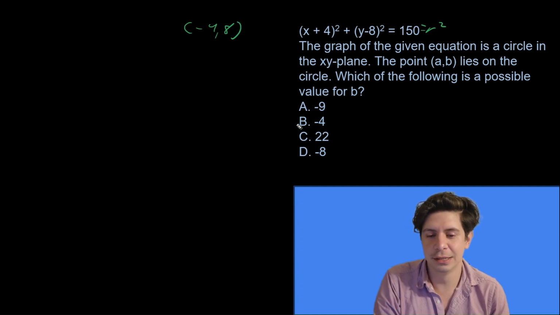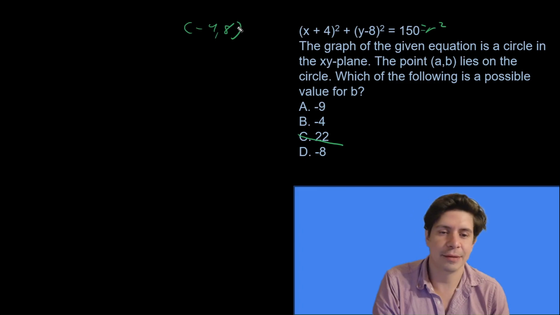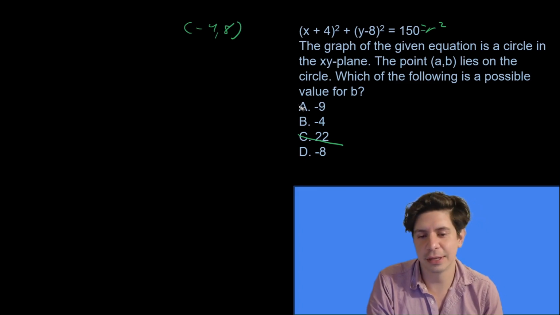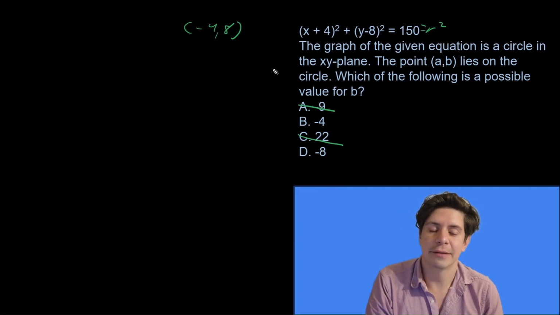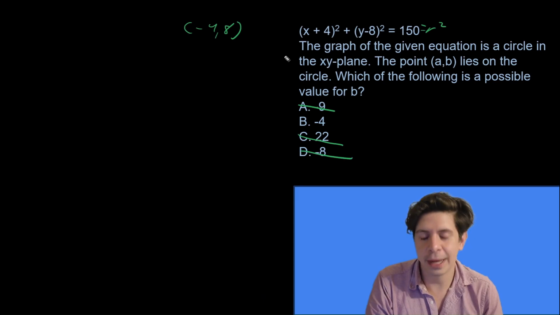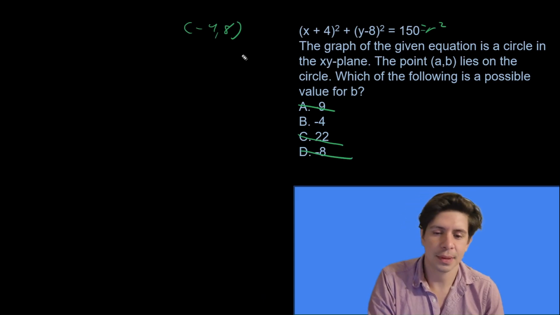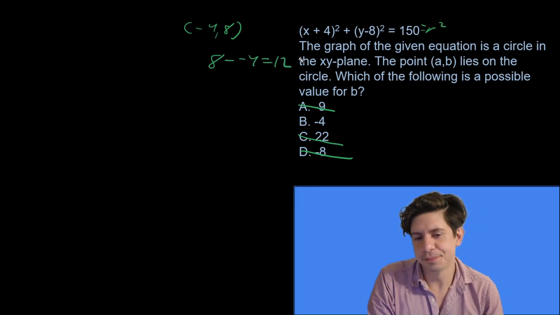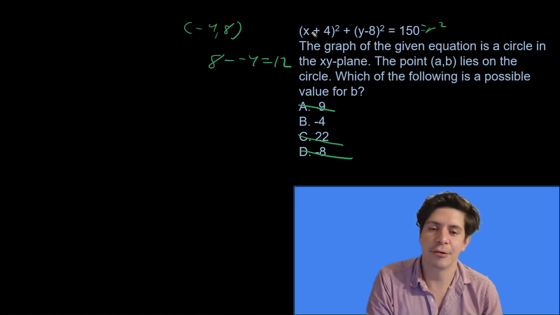So at 8, 22 minus 8 is 14. That's too far away. −9 minus 8, that's going to be 17 away. That's too far away. −8 and 8, 16, that's too far away. And then B, −4 to 8, that's exactly 12 away, because it'd be 8 minus −4, that'd be 12. That works. Then that would mean that x would be very close to −4, otherwise it'd be too far.